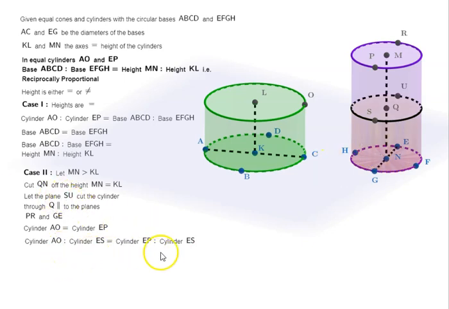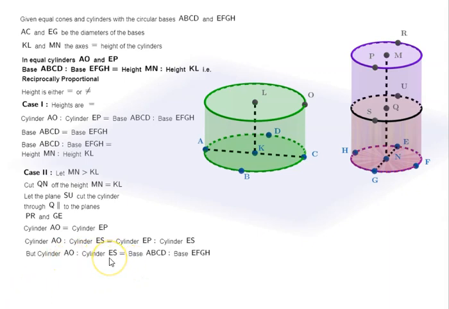Now, how did this proportionality come? Because AO is equal to EP, which means ES is the same fraction of both AO and EP. So we can say cylinder AO is to cylinder ES as cylinder EP is to cylinder ES.